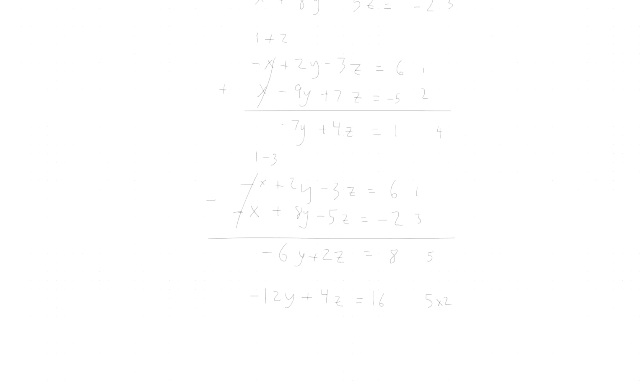So 5 times 2: -6 times 2 is -12y, 2z times 2 is 4z, and 8 times 2 is 16. Then we rewrite equation 4 underneath: -7y plus 4z equals 1. Are we going to add or subtract these equations?